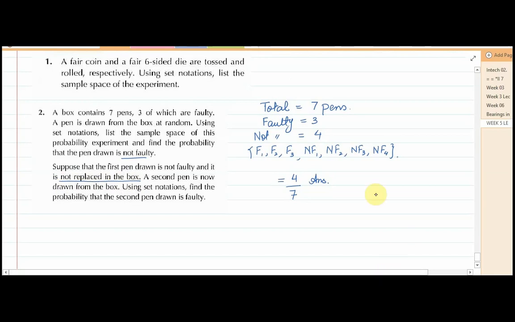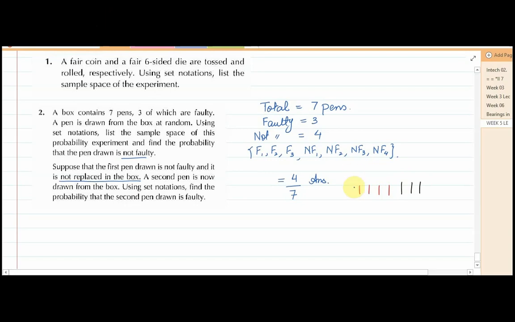Now let me explain with an example. Let's suppose I have some pens and I say the faulty pens are red. So 1, 2, 3, 4 faulty pens, and the pens that are not faulty are black ones, right? So 3 normal working pens and 4 faulty pens. In the first part we have picked one of the pens, right?